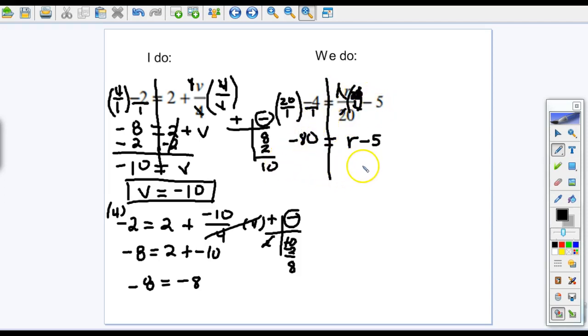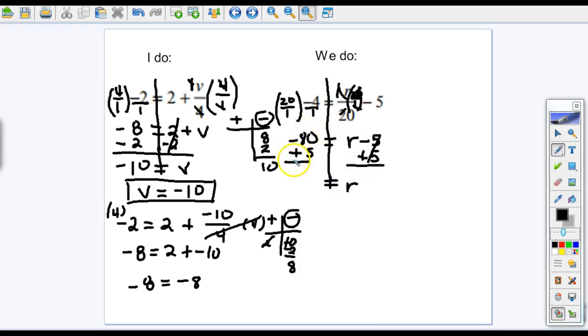So the opposite or inverse operation for me to undo this minus 5 and move this over to this side is to do what? What is the opposite of negative 5? Positive 5. I'm going to add 5 to both sides. This gives me r all by itself over here.